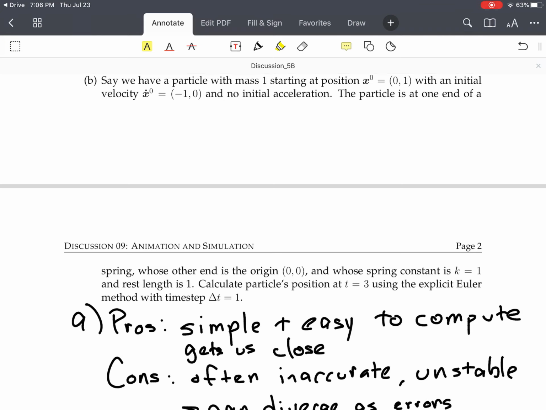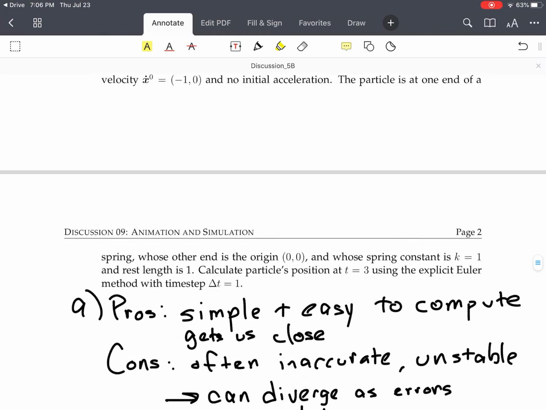Okay, the particle is at one end of a spring, whose other end is the origin (0, 0), and whose spring constant is k equals 1, and the rest length is 1. Okay, calculate the particle's position at t equals 3 using the explicit Euler method with time step delta t equal to 1. Okay, so delta t is equal to 1.